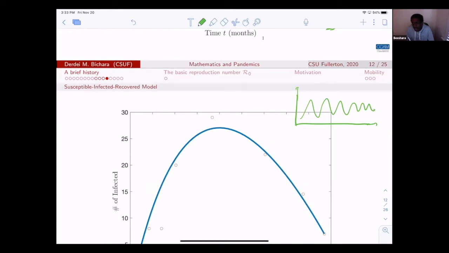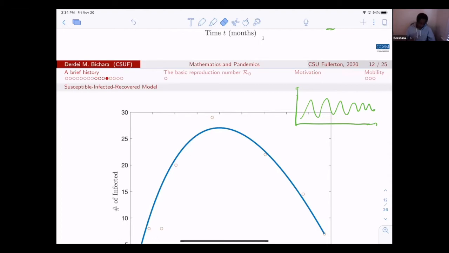So beta is not only not constant, but it has a very typical function. It's a sinusoidal function, a cosine or sine of something, depending on the parameters of people, on how people are getting affected. So it's definitely not constant.